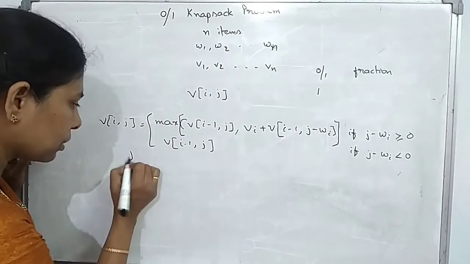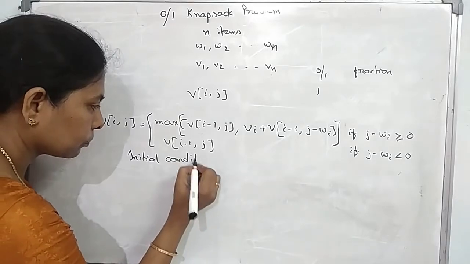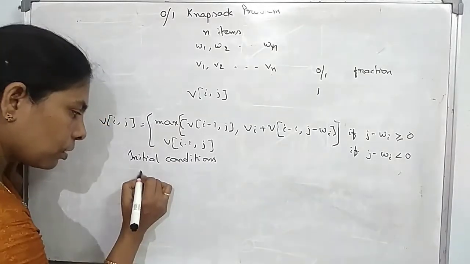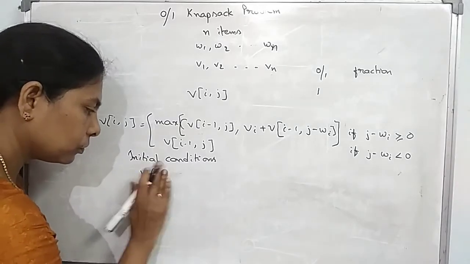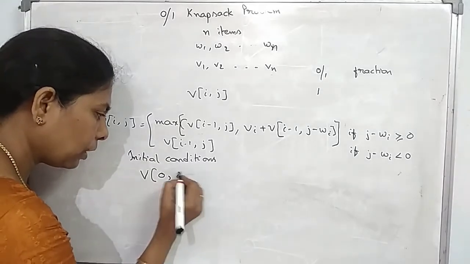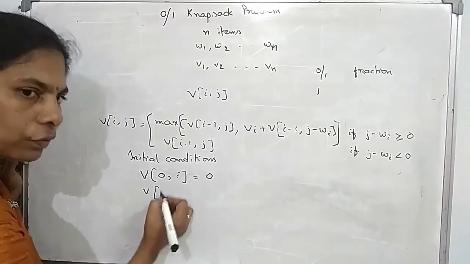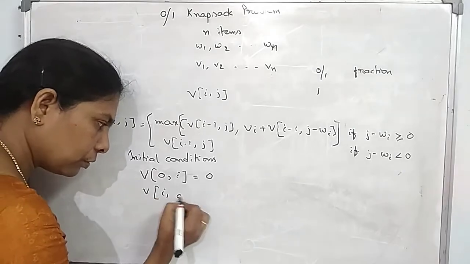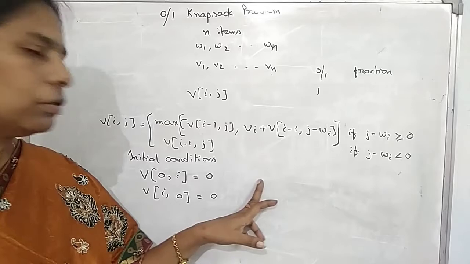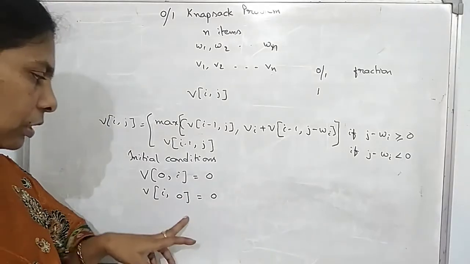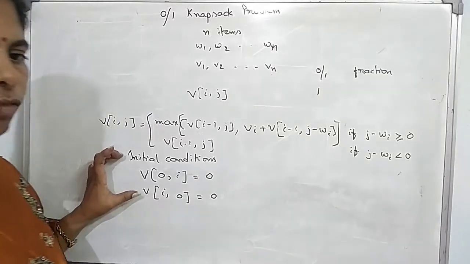The initial conditions are V of 0 comma j is set to 0, and V of i comma 0 is set to 0. That means the starting row and the starting column are set to 0. This is the initial condition you can follow.